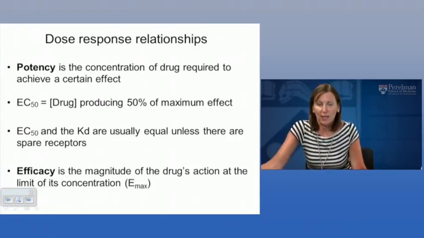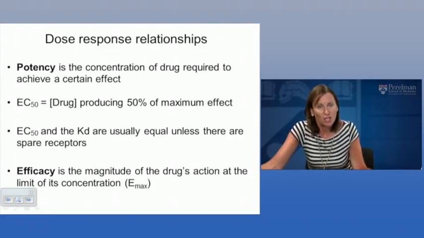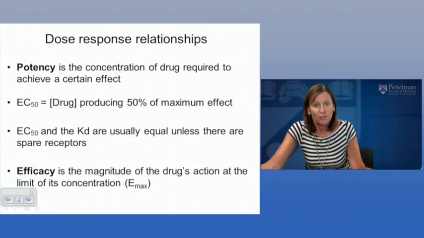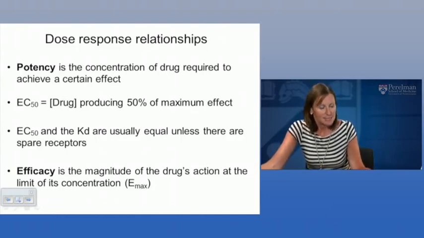Another term that I would like you to have a good understanding of is efficacy. Efficacy is the magnitude of the drug's action at the limit of its concentration, and this is referred to as Emax. So we have EC50 as a measure of potency, and we have Emax as a measure of efficacy.